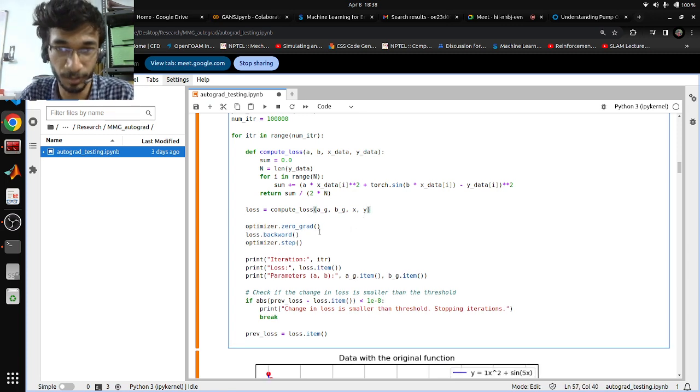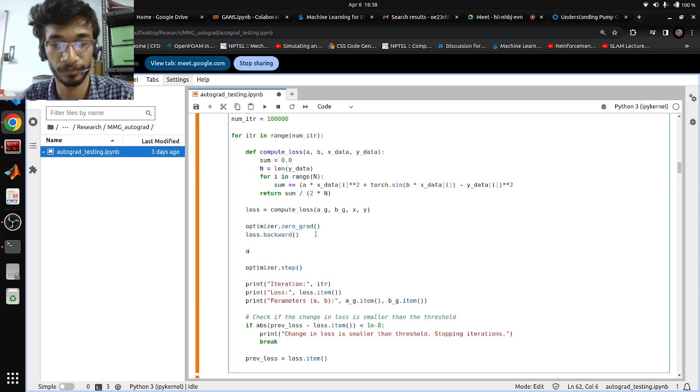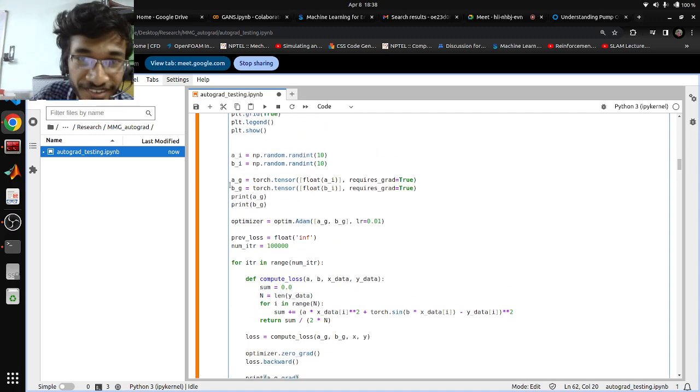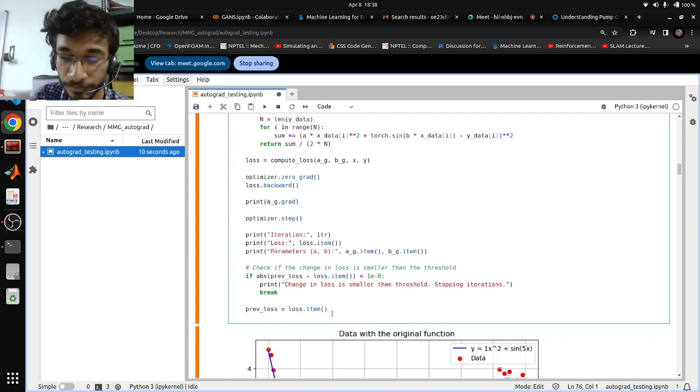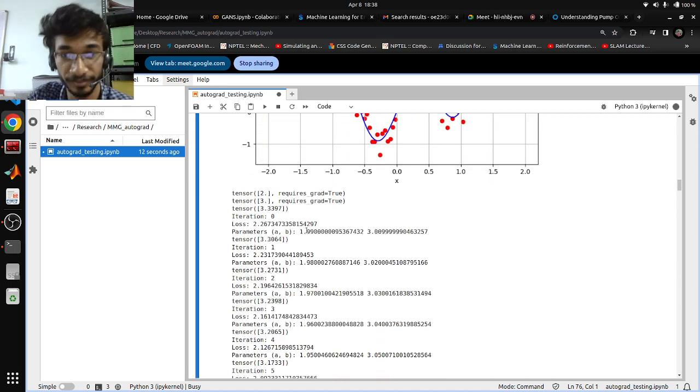Let's see whether this prints. Okay, it is printing.